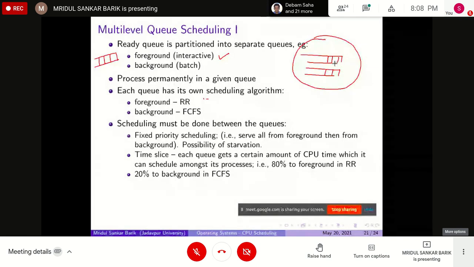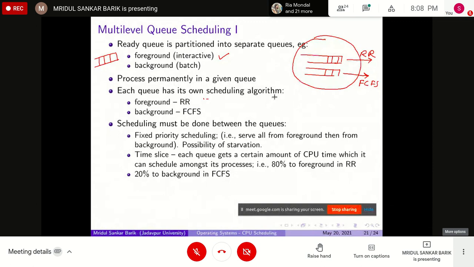Like the foreground or interactive queue may be scheduled using round robin, and the background or batch jobs may be scheduled using FCFS. So the idea is that in multi-level queue scheduling, the ready queue is partitioned into two different queues, and processes, based on their characteristics, are put into either the foreground queue or background queue, and different queues are scheduled using different scheduling algorithms.